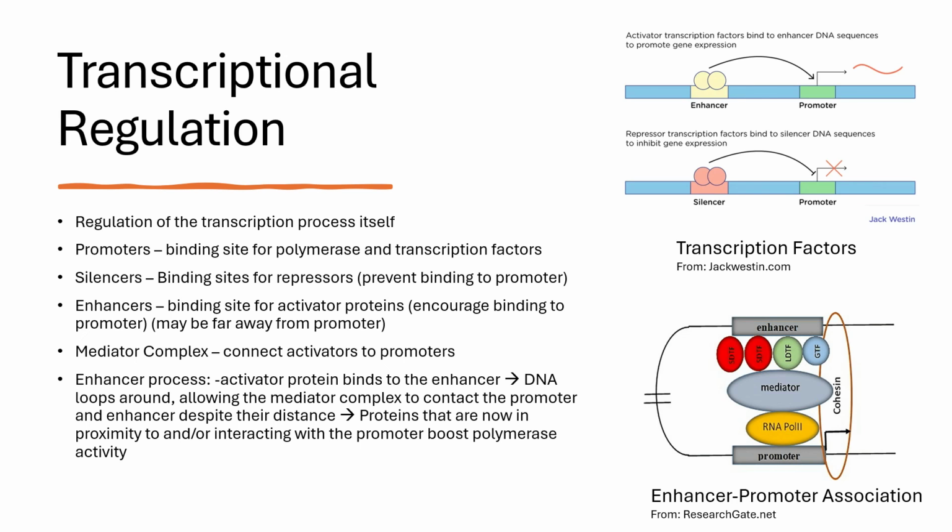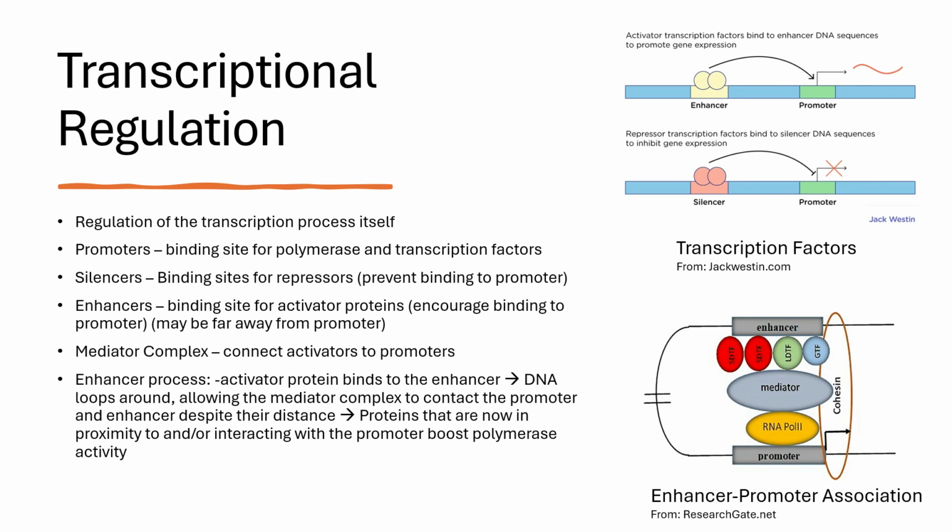So the process of an enhancer, because it can be pretty far away: the activator proteins bind to the enhancer. The DNA loops around, which allows the mediator complex to bridge the gap between the promoter and the enhancer, as seen in that image in the bottom right.